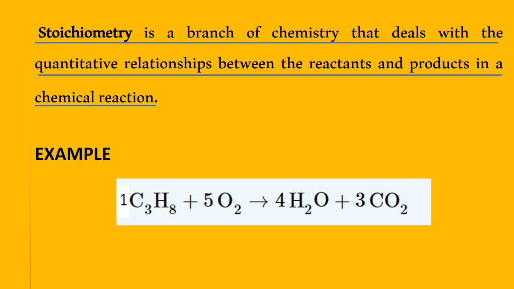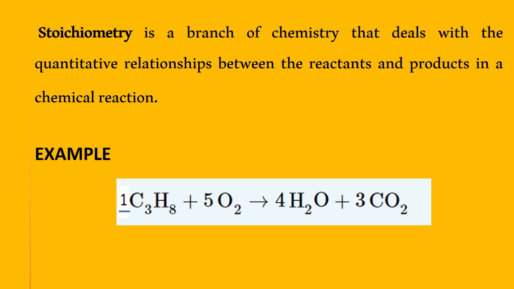For a complete combustion of 1 mole of propane, it needs 5 moles of oxygen to form 4 moles of water and 3 moles of carbon dioxide. Basically, stoichiometry tells us the theoretical amount of products that will be produced out of something that you have prepared.